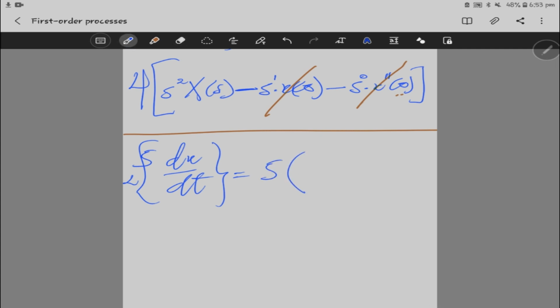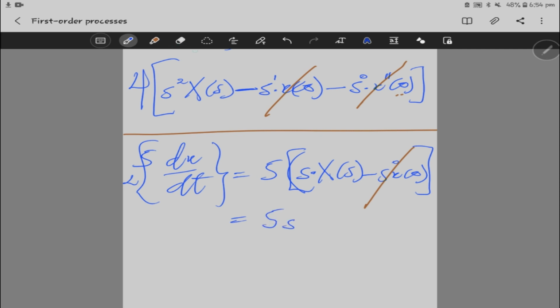Here we have s, and then we have x of s, and we only need one initial condition. So this is to the power 0, and this is x of 0, and we know that this tends to be 0. So this goes out.